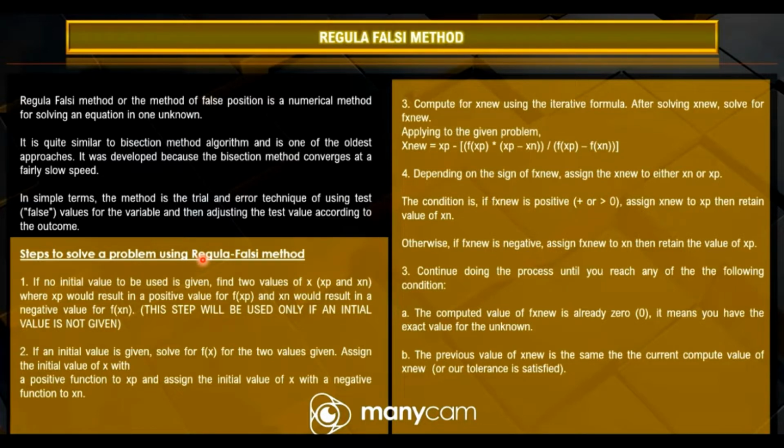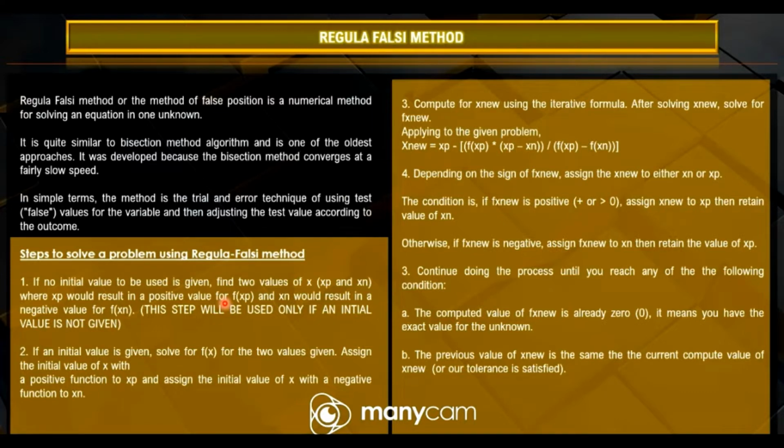First, if there is no initial value given, we must find the values of x, which are xp and xn. Whereas xp would result in a positive value if we apply it to f of our variable, and xn would result in a negative value.